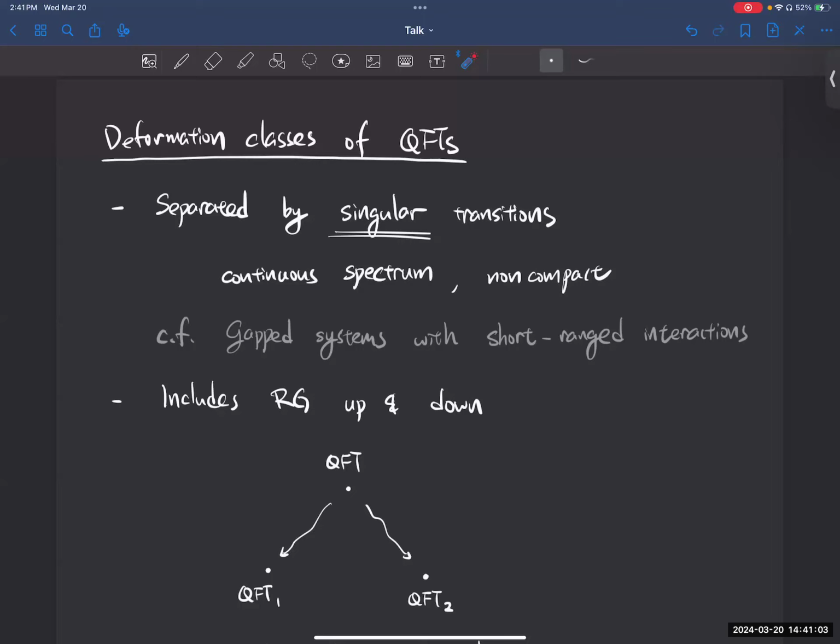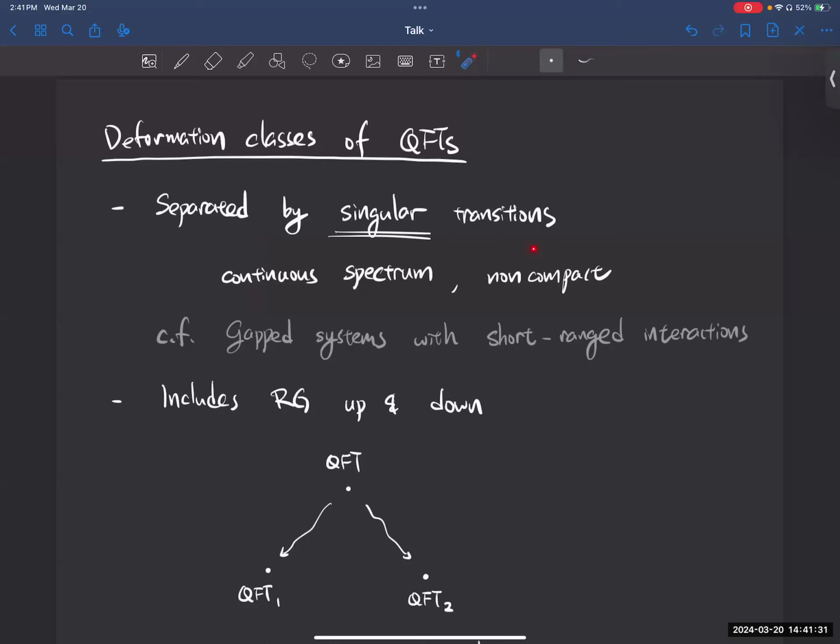For QFTs, however, I don't think there's a mathematically rigorous notion of what deformation classes are, but we want to think of it as basically components that are separated by singular transitions. So we're not allowed to make the CFT singular in the sense of having a continuous spectrum when you compactify on a compact spatial manifold.